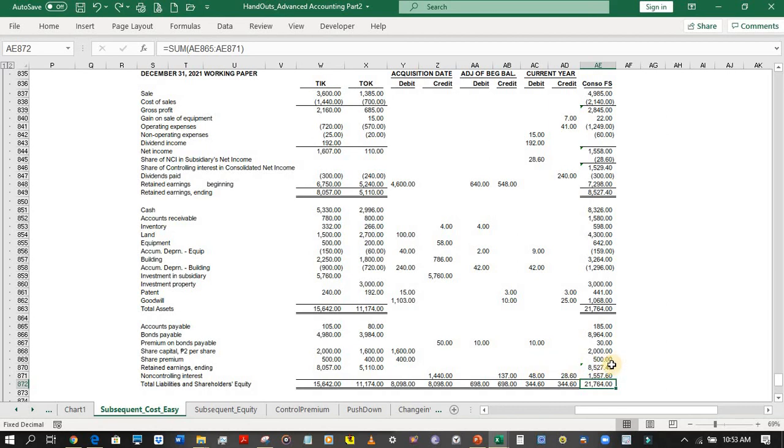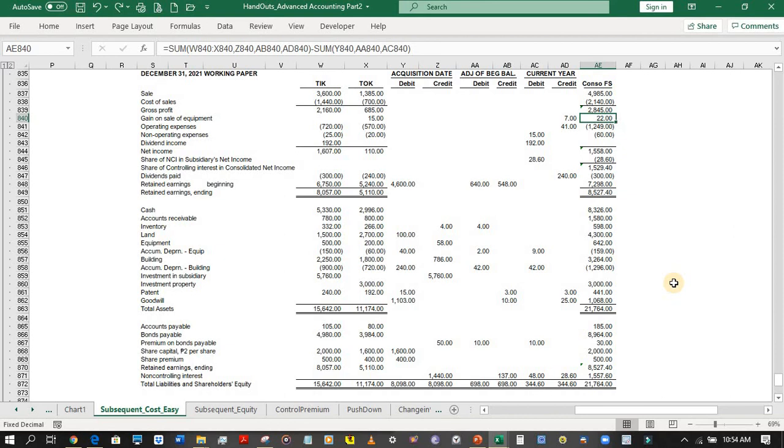Again, the ending retained earnings here of 8,527.4 is the ending balance of RE in the upper section of our working paper. Then the gain on sale is already 22. This is the consolidated gain on sale as we adjust the full amortization of the excess related to the equipment sold.